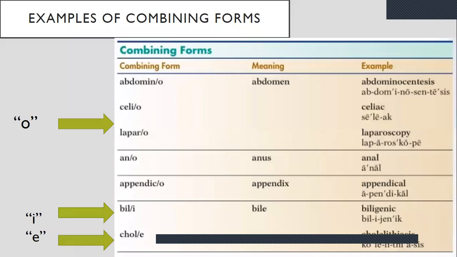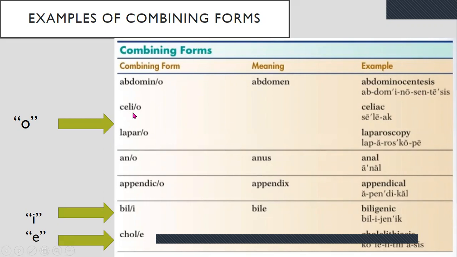So let's look at some examples. Here is abdomen. We're going to use the O. It means your stomach, your abdomen. And an example would be abdominocentesis. So you have the abdomen, here's your O, and centesis.